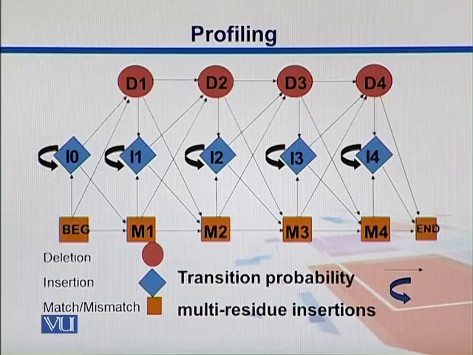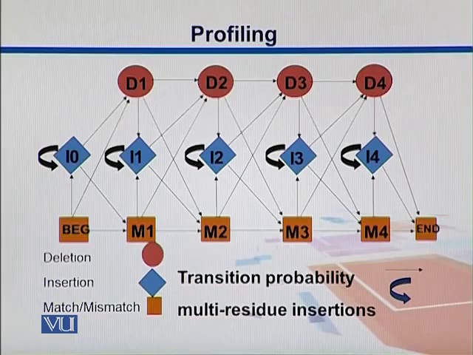We can start anywhere. For example, here is our begin state, and we insert a sequence somewhere. We start with a sequence, and then from there we can come to a match state. So M1, M is match, I is for insertion, and D is for deletion.